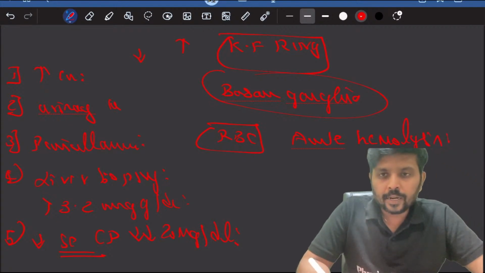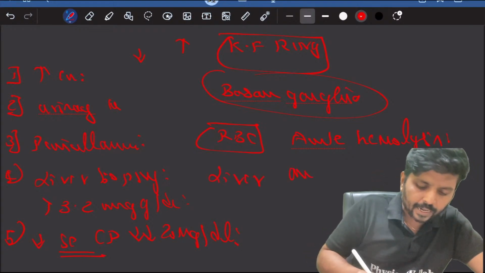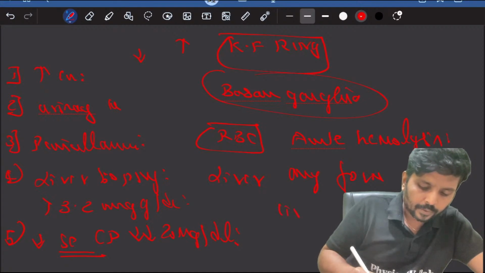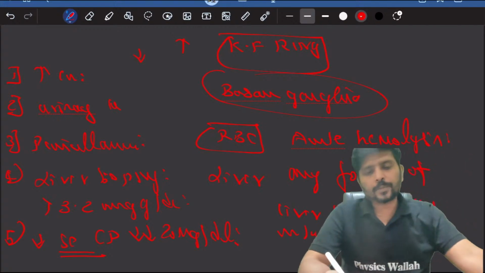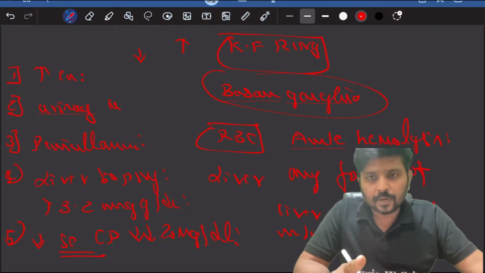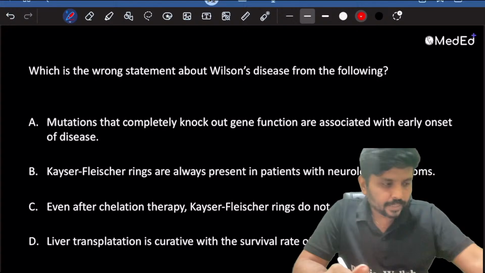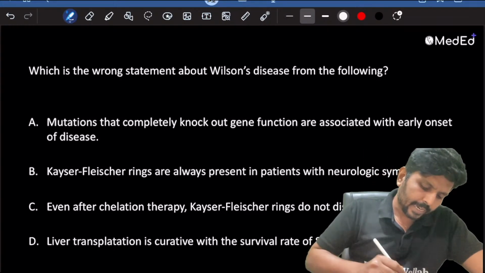And finally your liver: any form of liver injury can occur with respect to Wilson's disease except one. What is that? Cholestasis will not occur. Other things can happen.